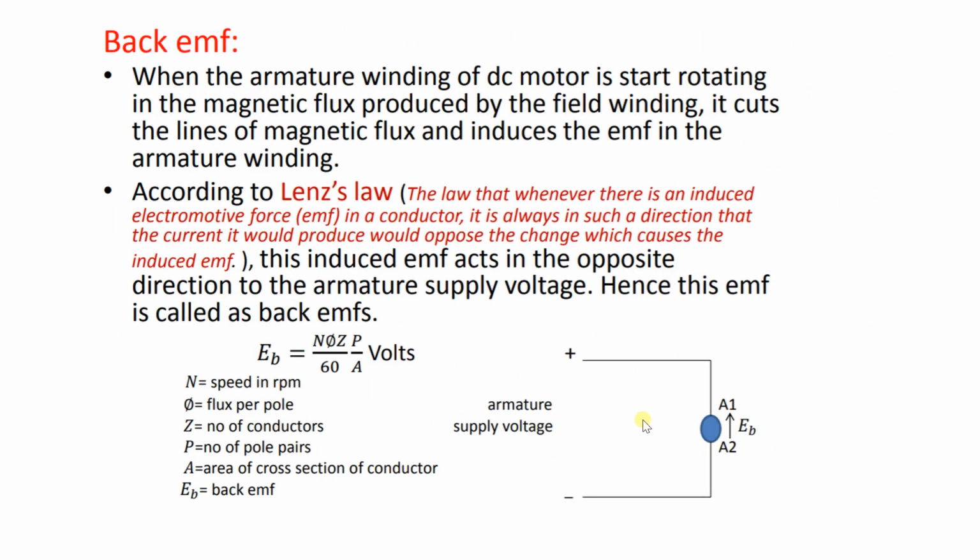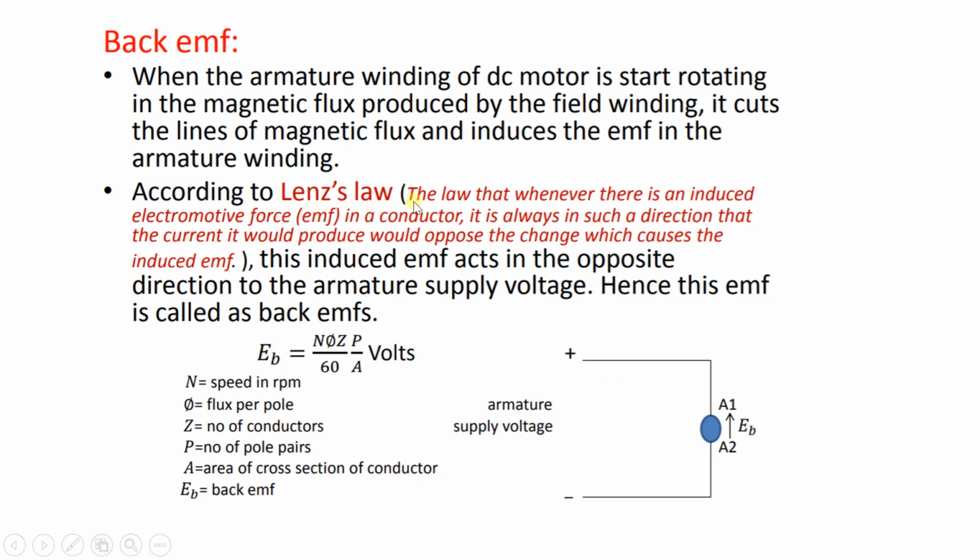Then we talked about the back EMF. When the armature winding of a DC motor starts rotating in the magnetic flux produced by the field winding, it cuts the lines of magnetic flux and induces an EMF in the armature winding.